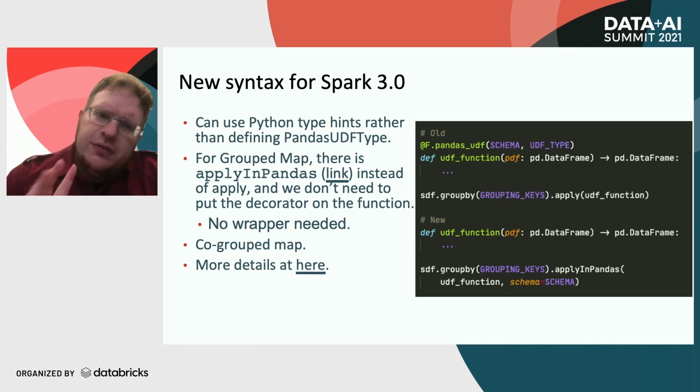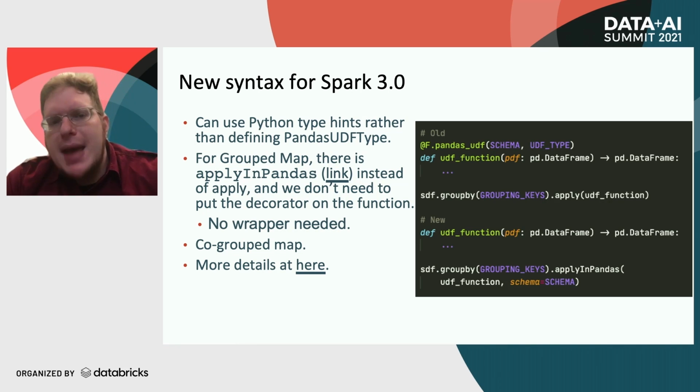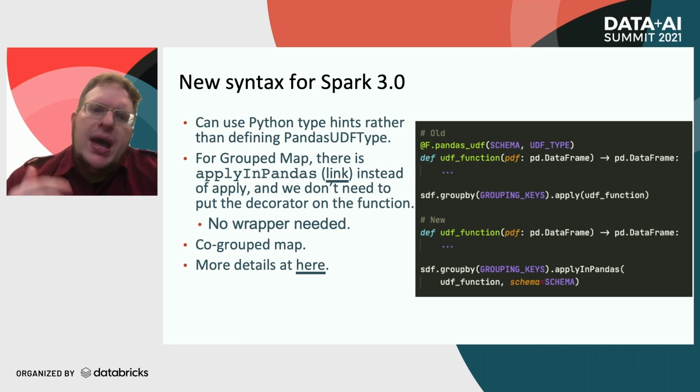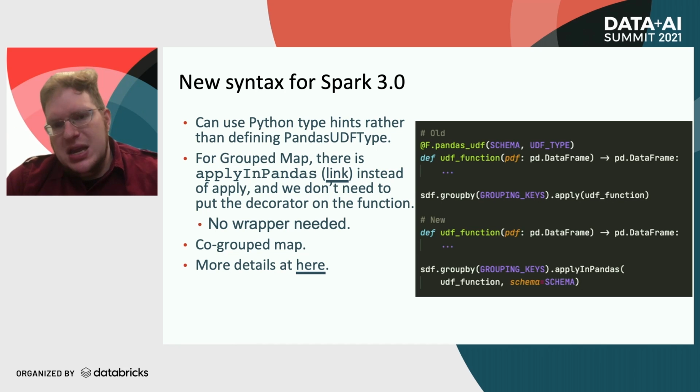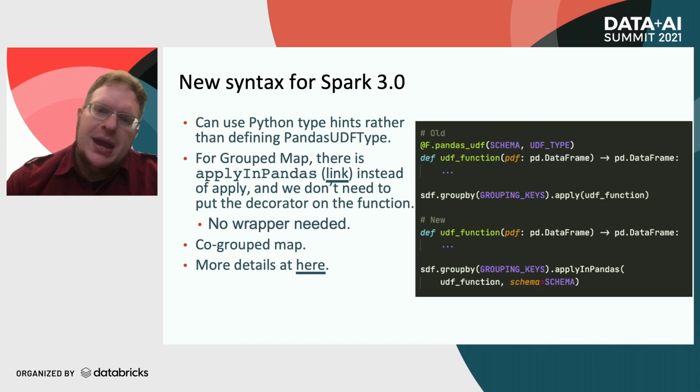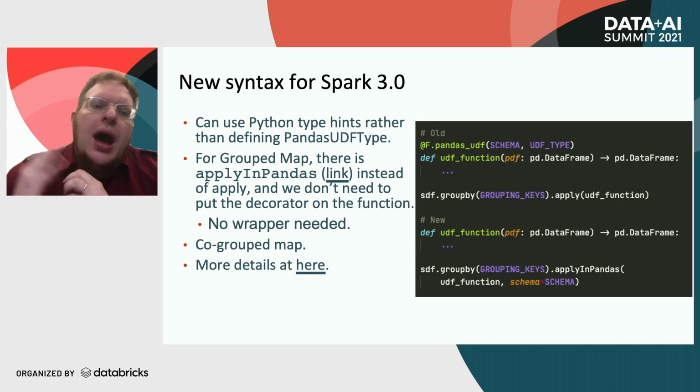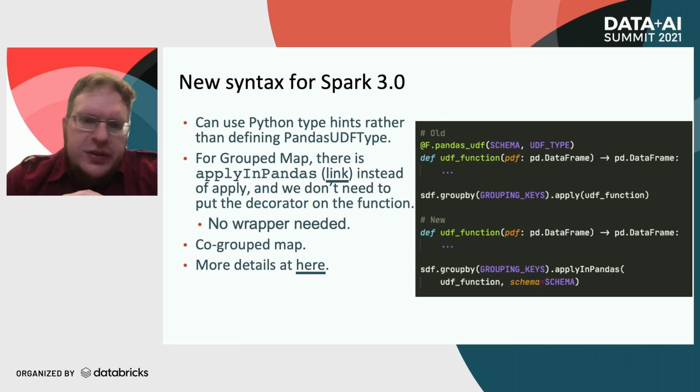More interestingly for me is how grouped map has been changed. The old approach, as we see, you have your decorator, where you give it the schema and the grouped map UDF type, and your function, you say it has a pandas data frame input, a pandas data frame output, but I can't actually run it on a pandas data frame, and so I needed my wrapper function. For the new type, I don't need the decorator on my UDF function.